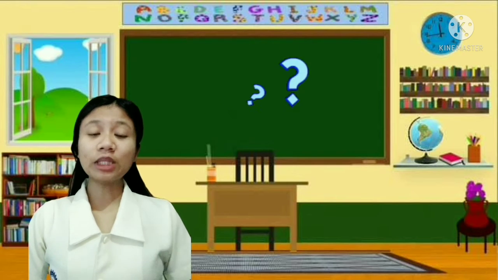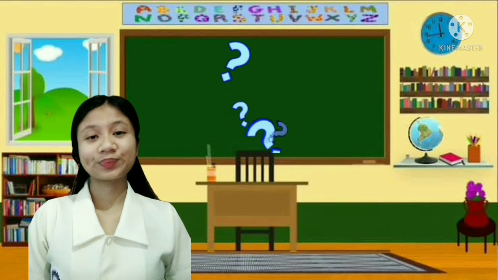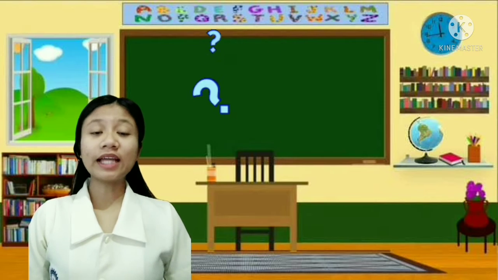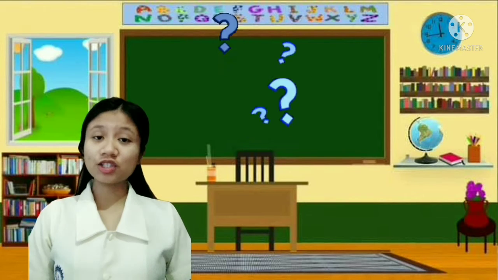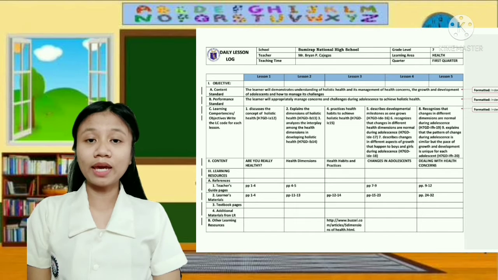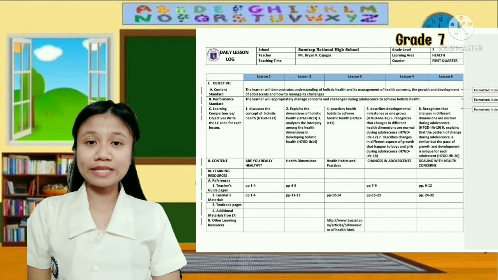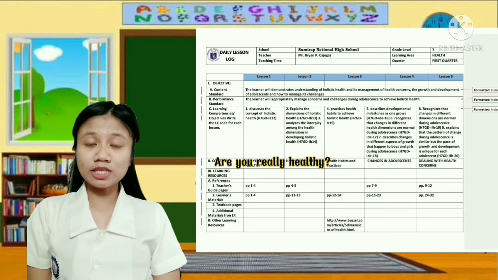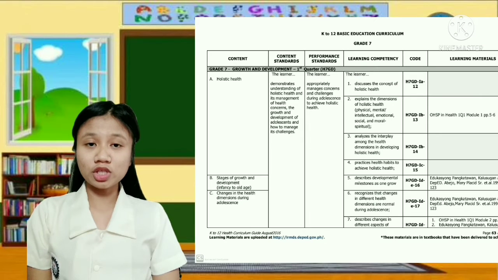Question: saan natin pwede kunin ito? Kinukuha natin ito sa pinagkakatiwalaang sources, which is the curriculum guide. Like for example, health ang pinili mo, which is grade 7. And your lesson for day 1 is, are you really healthy? Which is nakapaloob sa holistic health. Punta tayo sa curriculum guide, which is grade 7 holistic health.